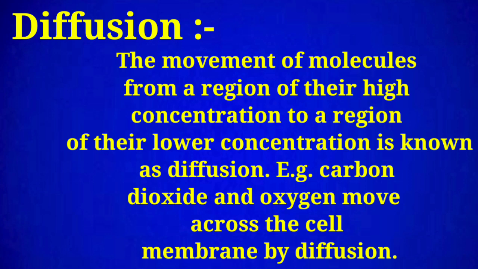Diffusion. The movement of molecules from a region of their higher concentration to a region of their lower concentration is known as diffusion. For example, carbon dioxide and oxygen move across the cell membrane by diffusion.